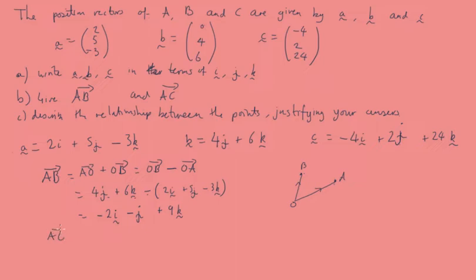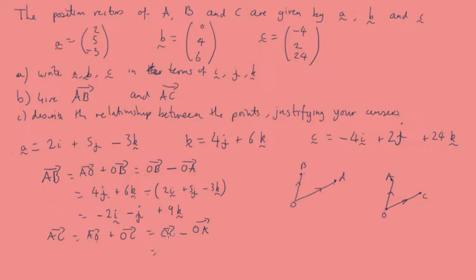Now A to C, again, if you do the same idea, where say your origin is here, you've got C over here, this is A, this is C, you're going from A, these are the origin vectors, A to O, plus O to C, which is O to C minus, this is going to become minus OA.